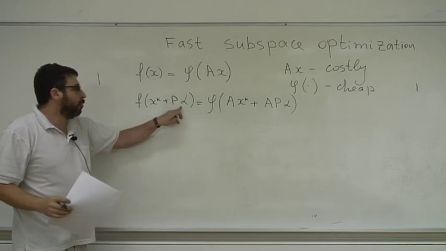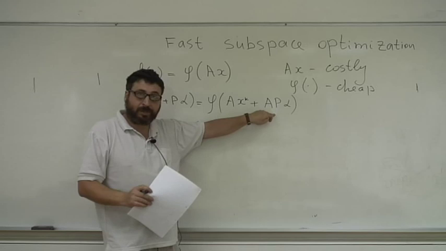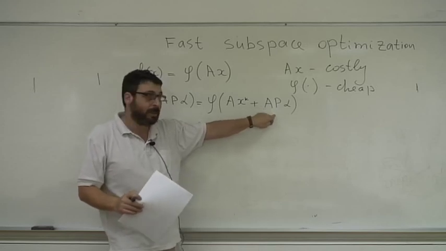And in order to do subspace optimization, I should compute this function for many different values of alpha.